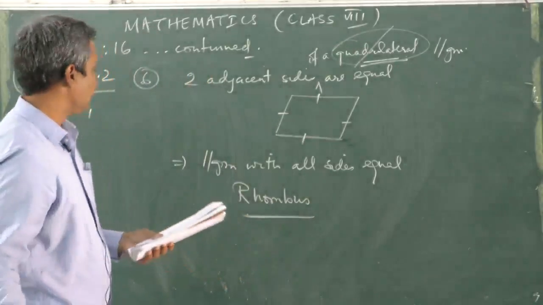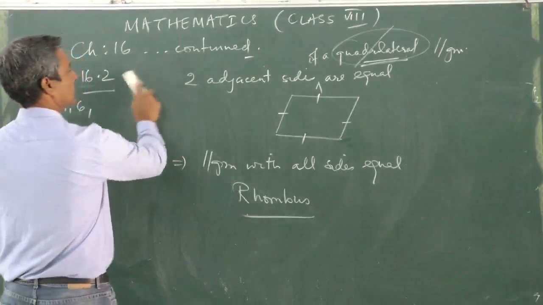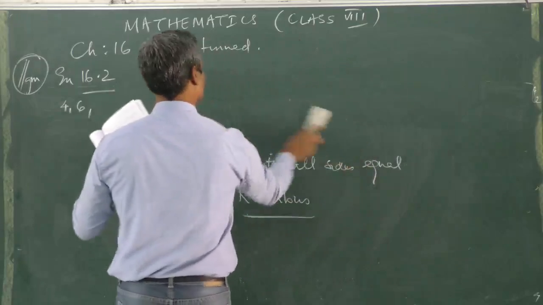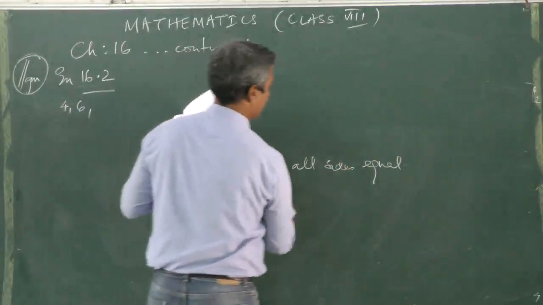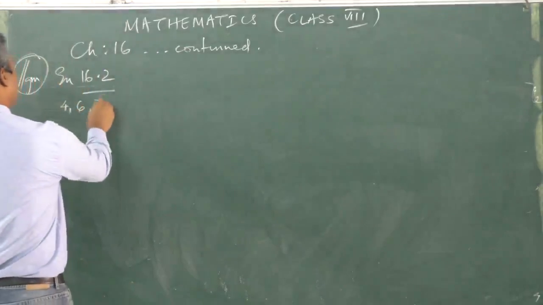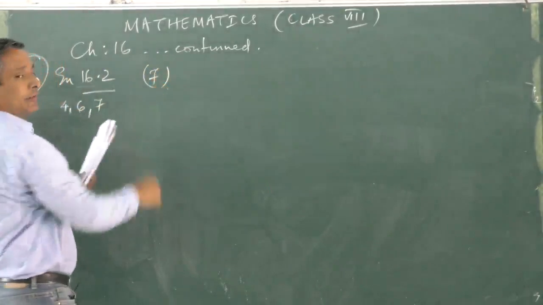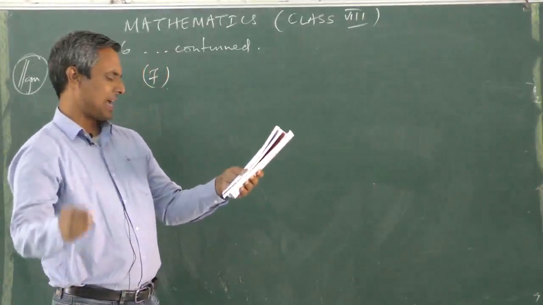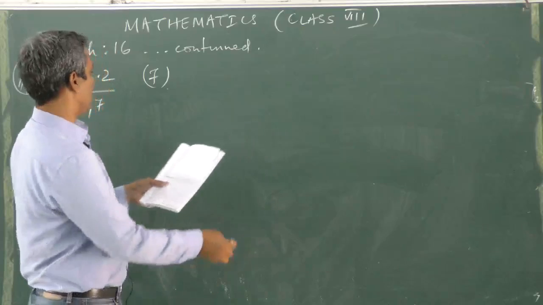Question 7. This is from your Innovative Maths book. Two adjacent angles of a quadrilateral are equal.